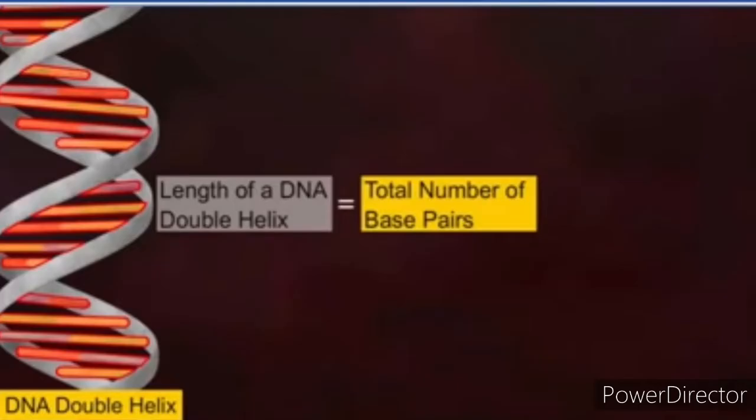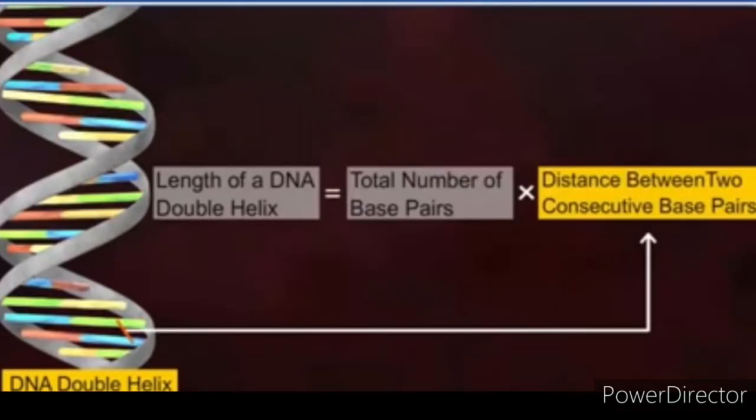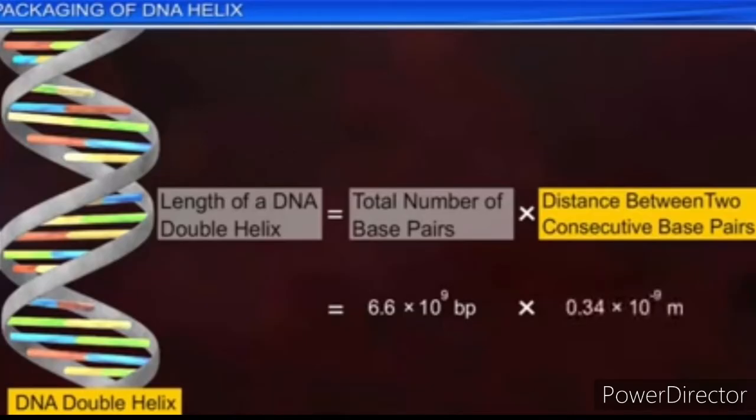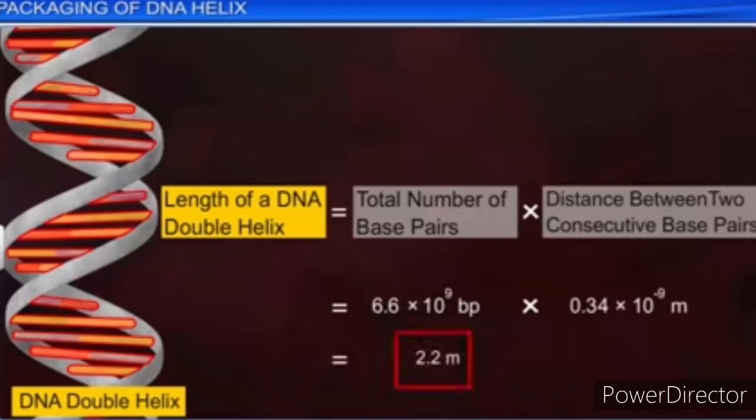If the length of the DNA double helix in a typical mammalian cell is calculated simply by multiplying the total number of base pairs with the distance between two consecutive base pairs, that is 6.6 into 10 raised to 9 base pairs into 0.34 into 10 raised to minus 9 meters, it comes out to be approximately 2.2 meters, a length that is far greater than the dimension of a typical nucleus.